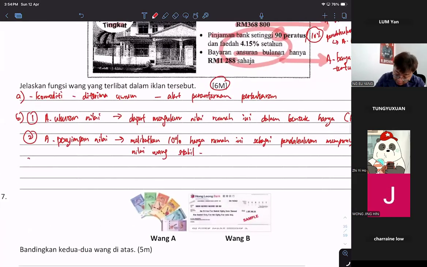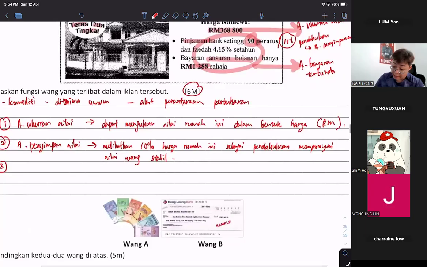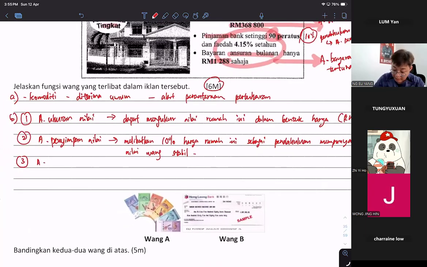Okay, so the third point is alat bayaran tertunda. Alat bayaran tertunda that we try to huraikan as 90% pinjaman rumah, pinjaman berjangka. So pinjaman rumah is pinjaman berjangka. You guys learn from your bab 3.